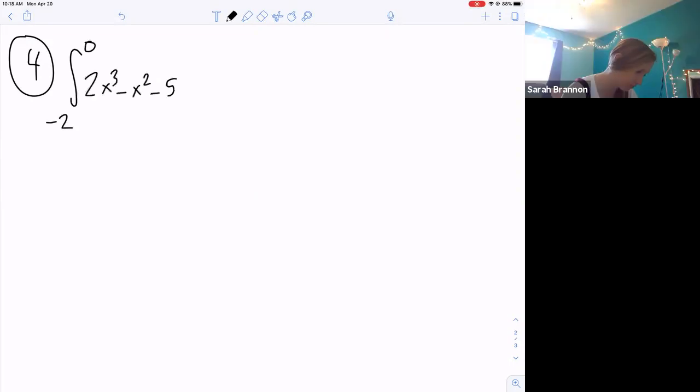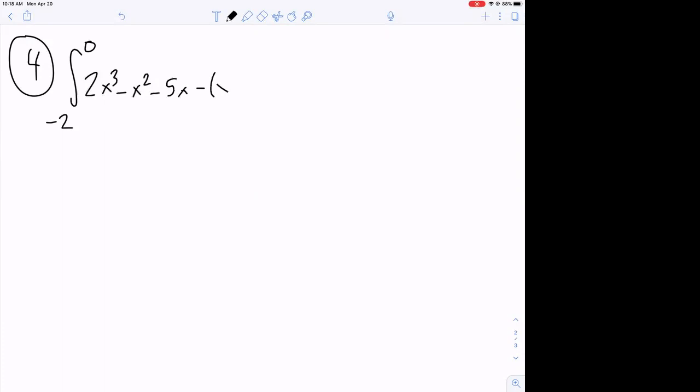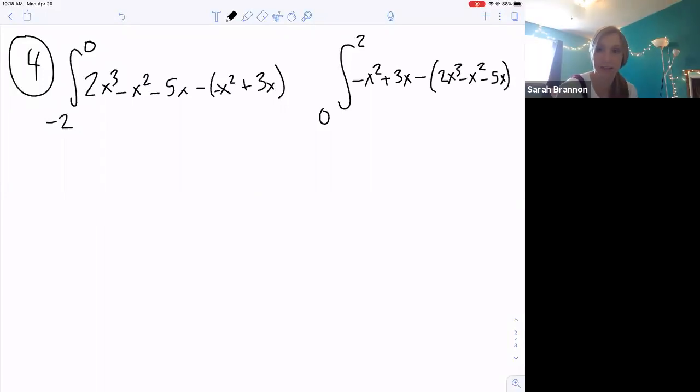Then you subtract out the parabola. And then you also have to do the integral from 0 to 2 with the parabola on top and subtract out the cubic. Does that look right so far? Yep, that's what I did.